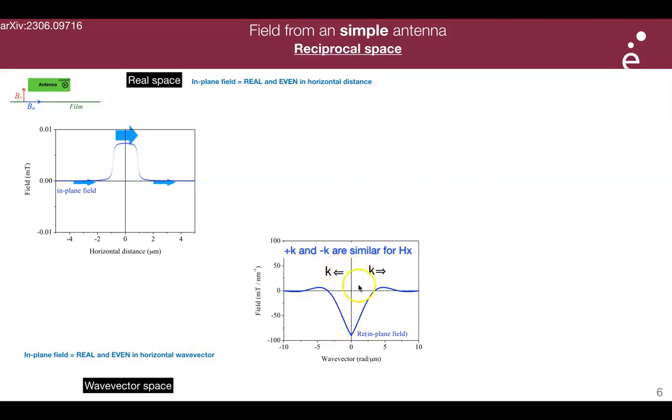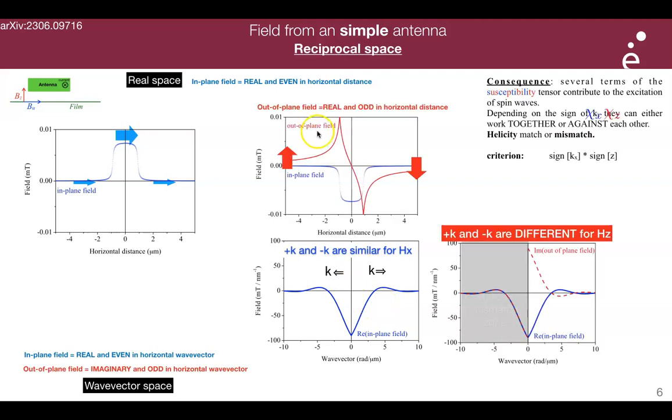So if you only look at the in-plane component of the field generated by the antenna, you see that it's an even function, so plus k and minus k play the same role, and they will have similar effects on the magnetization. In contrast, if you look at the out-of-plane component of the field generated by the antenna, then of course it's still a real function, it's a magnetic field, but it's now odd versus horizontal distance.